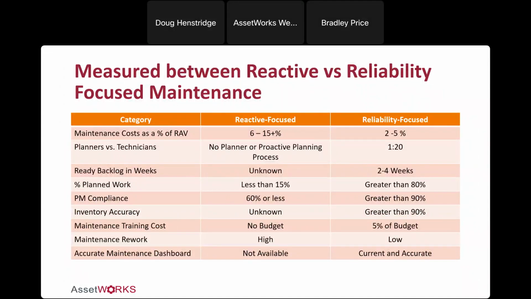You have planners versus technicians. Oftentimes in the reactive space, you don't really have a work planner, a maintenance planner. And if you do, the proactive planning process is difficult, because there's just a lot of work in the queue, and you're just trying to prioritize and get new stuff done each day. Whereas ideally, you'd want to have a planner for at minimum every 20 technicians, maintenance staff.